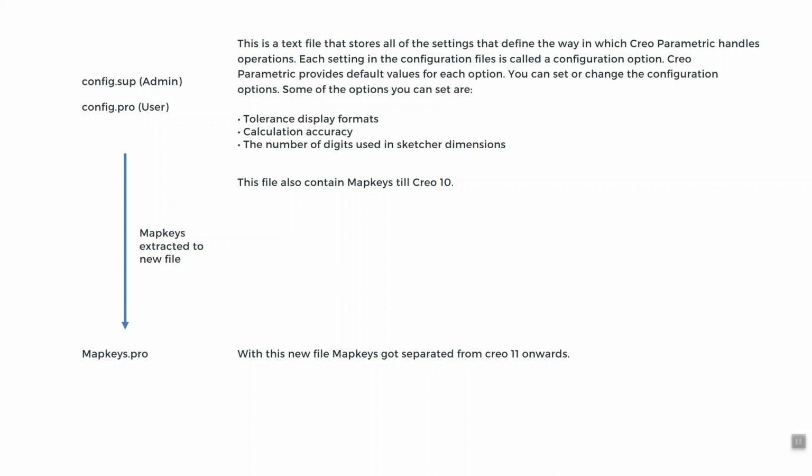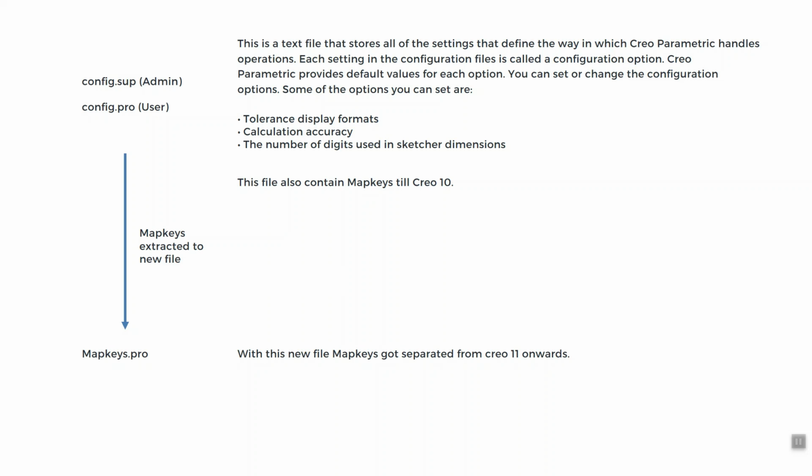Whatever mapkeys you create, those definitions also got saved in the config.pro or config.sup, and those can be handled at the admin or user level. That is a kind of complicated scenario, handling mapkeys within one file named config. But going ahead in Creo, PTC separated those two.